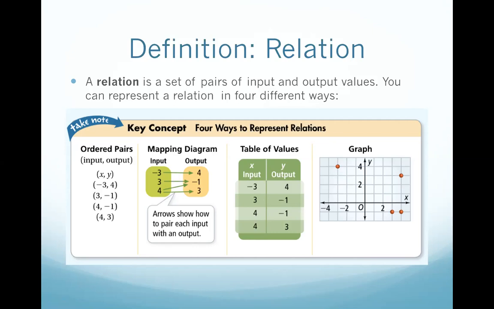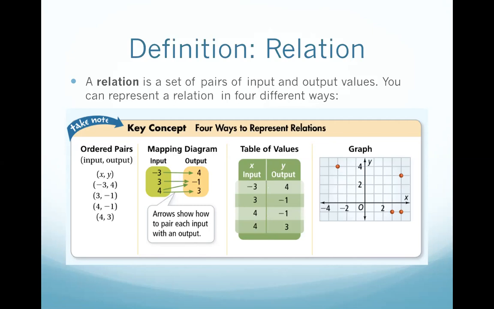Our next way of representing a relation is a table of values. This is very, very similar to our ordered pairs, and we actually use tables of values to write ordered pairs a lot of times when we're solving functions. So again, it's going to be the same relation that we're showing in each of these different representations. Our x represents our input values.